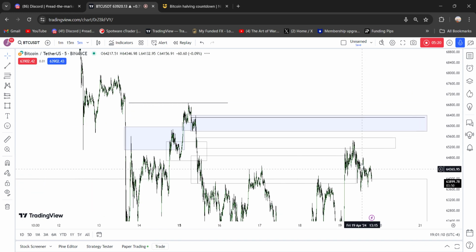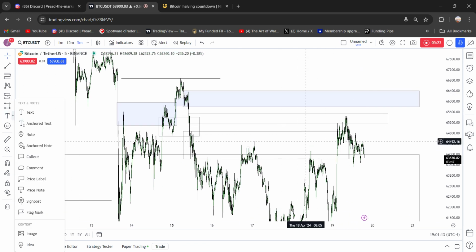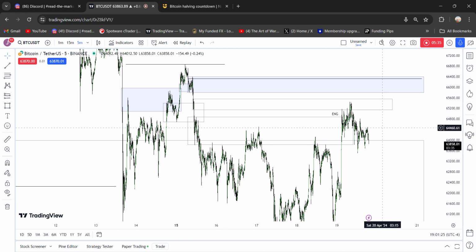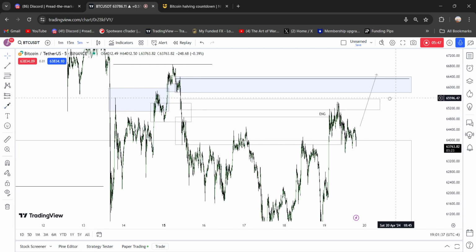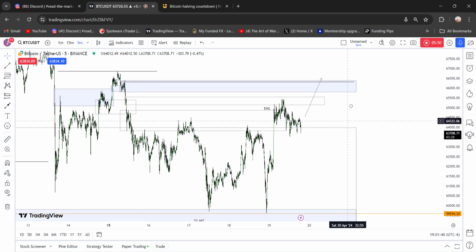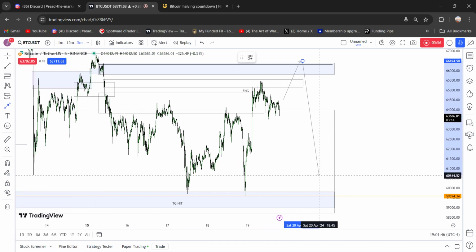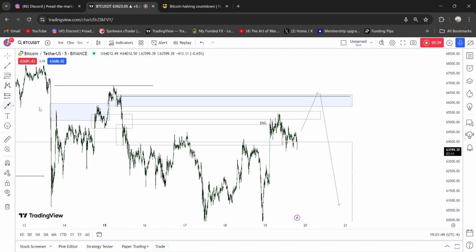So what I want to see now is, after this particular engulf, if I need to take a long setup, I want to see this getting engulfed, and I want to see the retracement like this, and bang to upside.